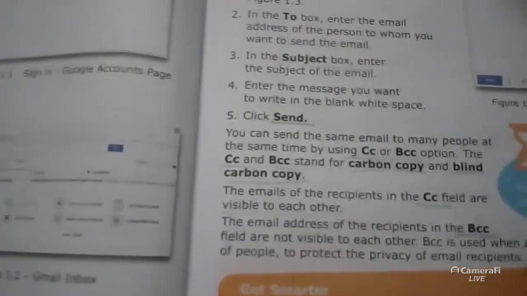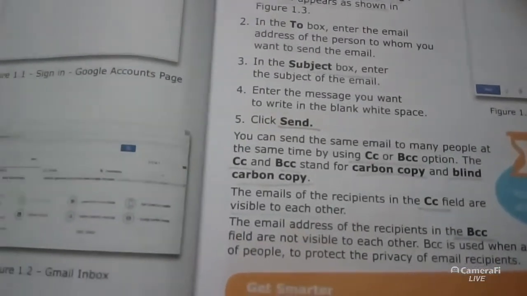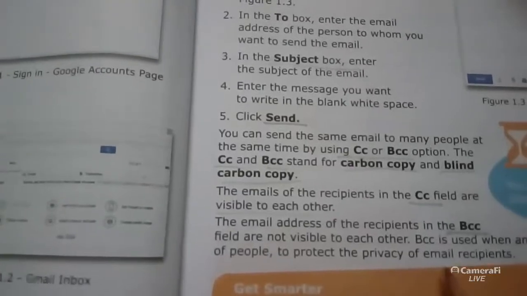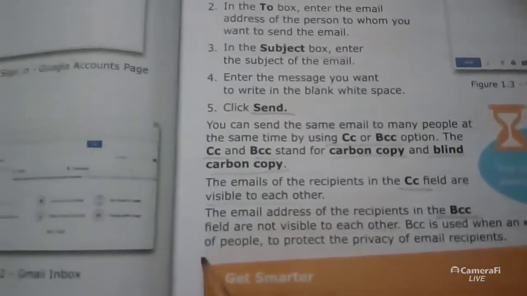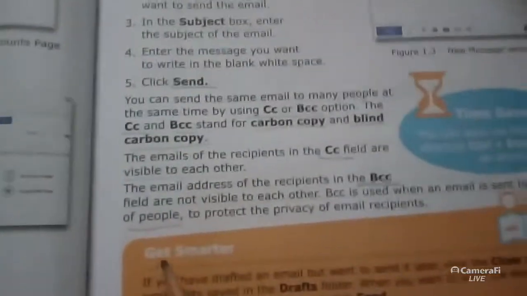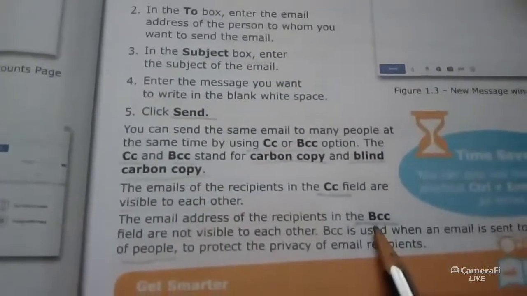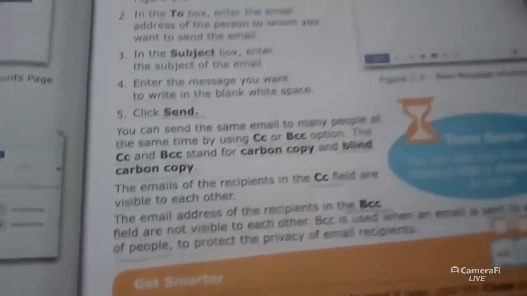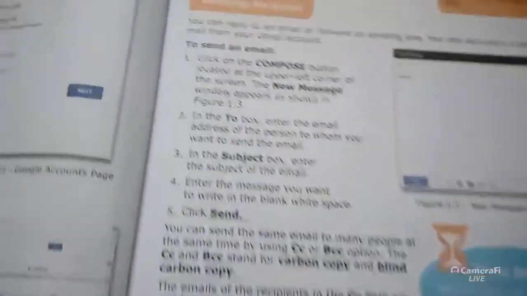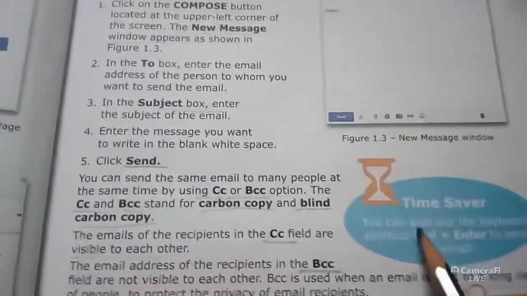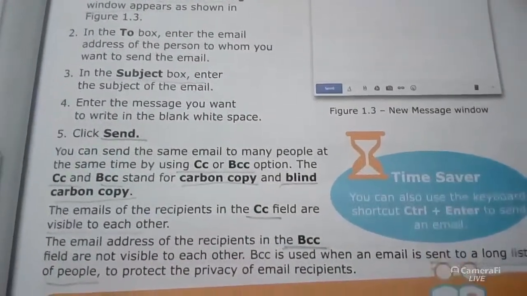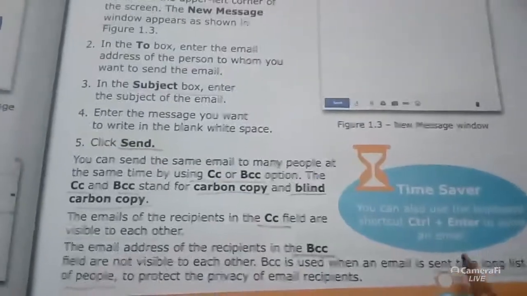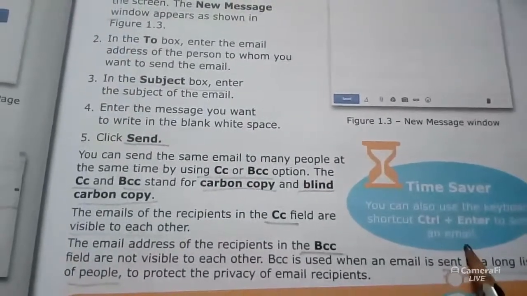BCC is used when an email is sent to a long list people to protect the privacy of the recipient. That means when you want to send a long list, so many people, you use BCC. That means everybody cannot see. Okay? You can also use the keyboard shortcut Ctrl plus Enter to send an email.